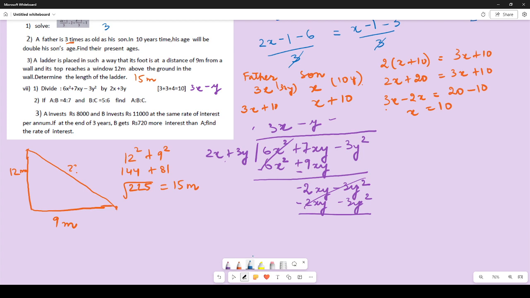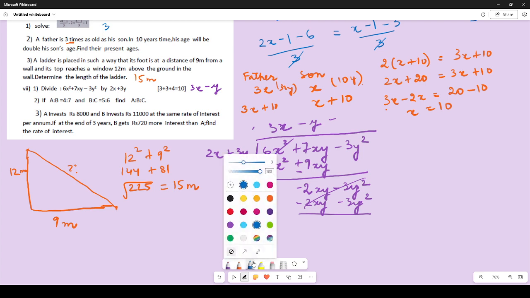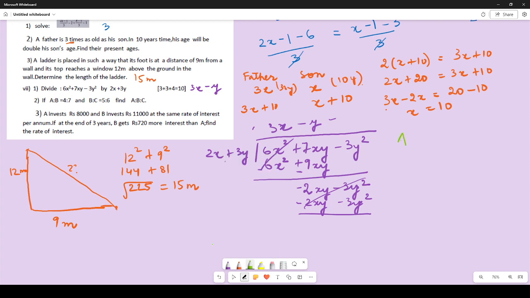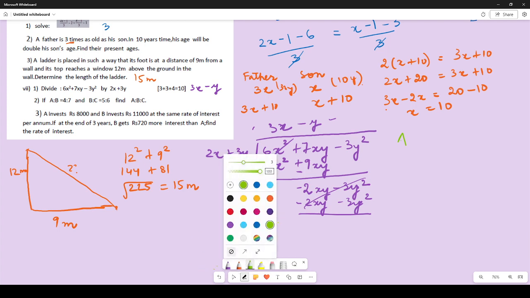Now let us take up the next question. So the next question is this one. Let me take the darker green.